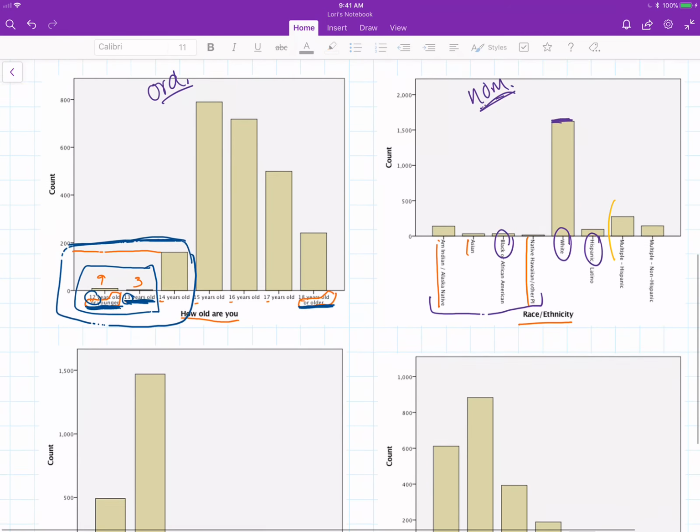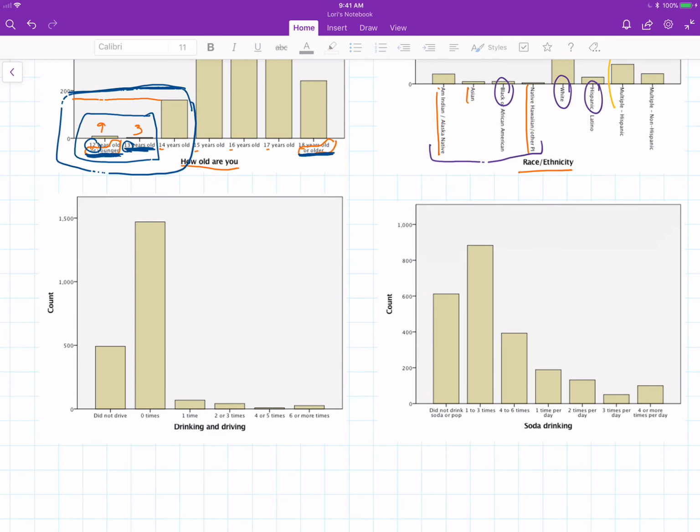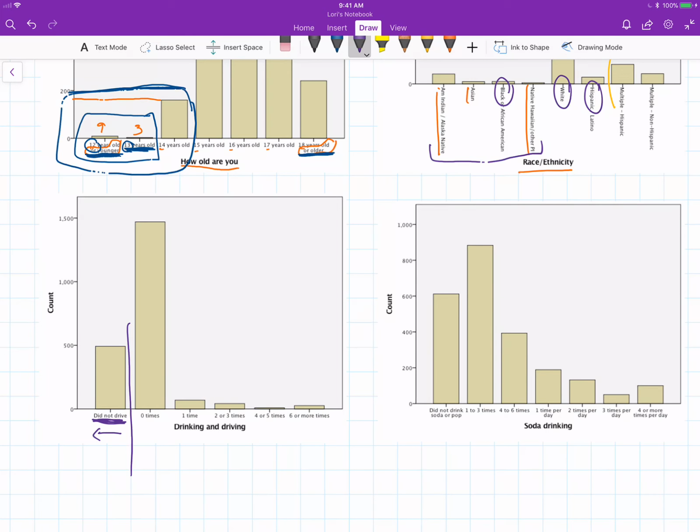The next two graphs point out the same detail, and that is that if you have a category at the bottom that is did not drive, that's like a not applicable almost, you want to make sure that you have that either at the far left of the graph or at the far right.